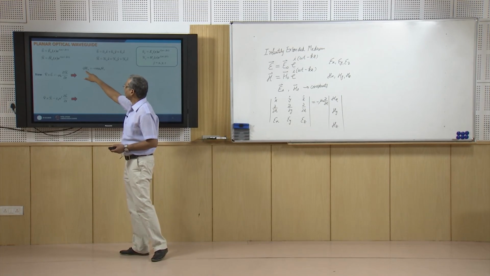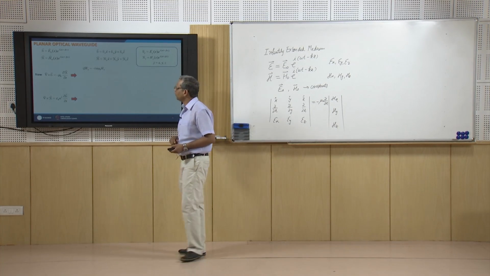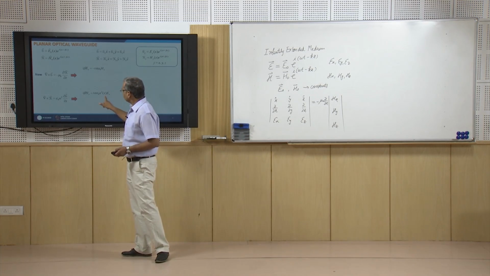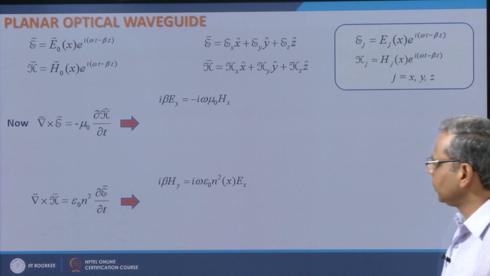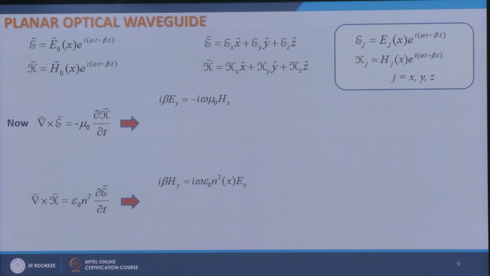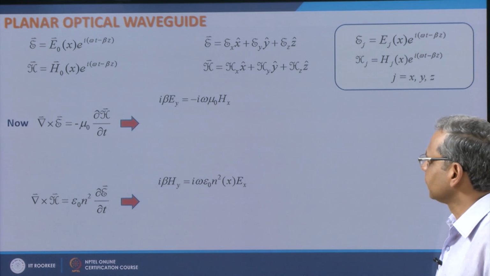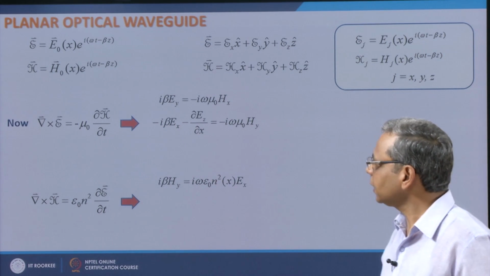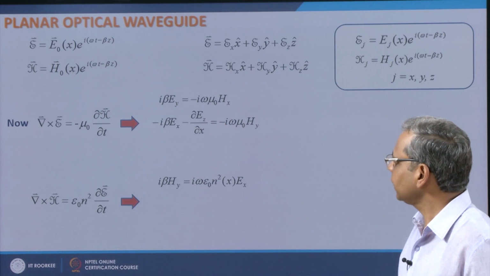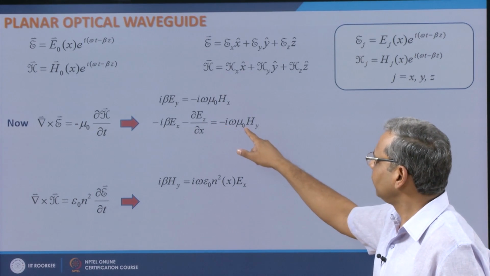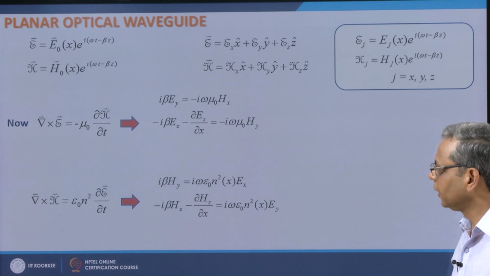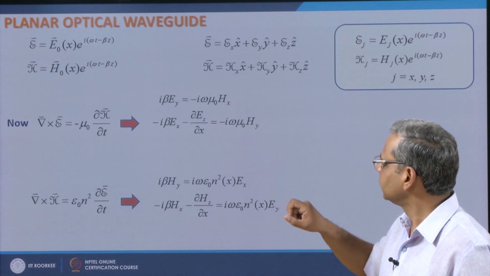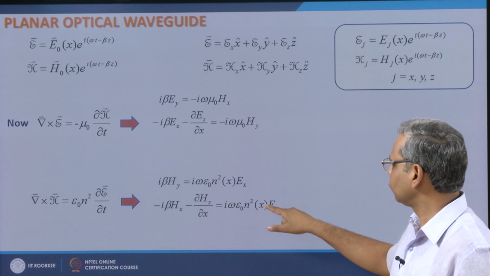The first one would be i beta Ey is equal to minus i omega mu naught Hx. The x equation from here would be i beta Hy is equal to i omega epsilon naught n square of x times Ex. The second one would be minus i beta Ex minus del Ez over del x is equal to minus i omega mu naught Hy, and here it would be minus i beta Hx minus del Hz over del x is equal to i omega epsilon naught n square of x Ey.